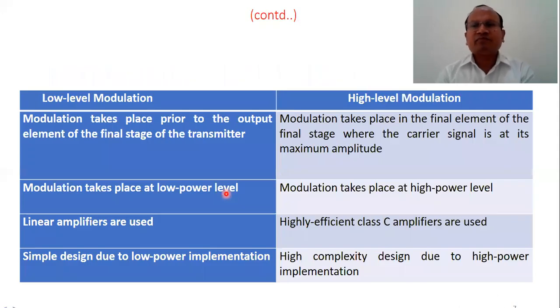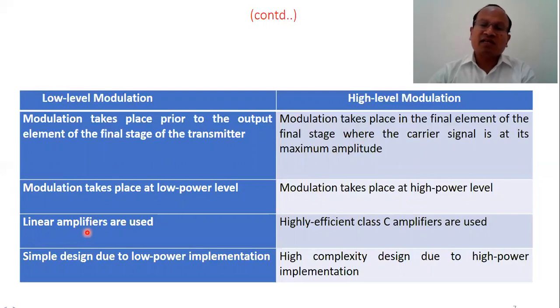If you see the difference between these two, modulation takes place prior to the output element of the final stage of the transmitter in low level modulation, whereas in high level, it takes place in the final element of the final stage where the carrier signal is at its maximum amplitude. Modulation takes place at low power level in low level modulator. Here it's done at high power level.